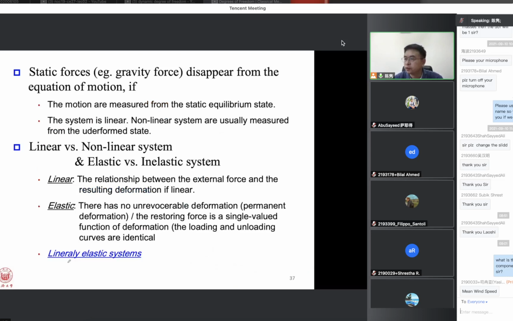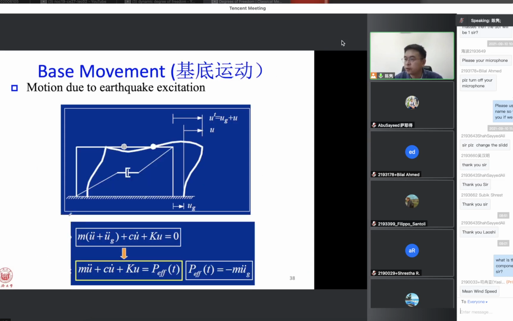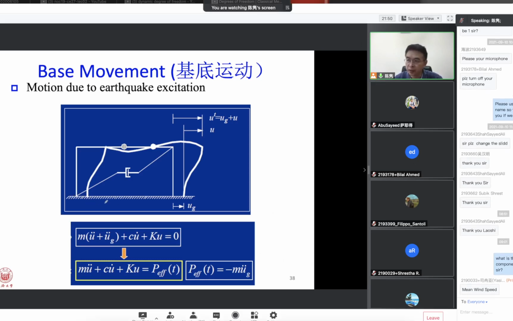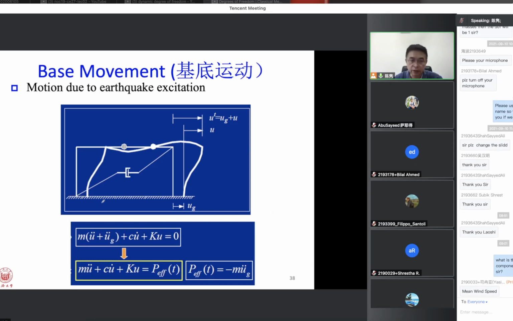So this is one thing. The other thing is the base movement situation. When you derive the equation of motion, sometimes you will deal with a case like this. There's no external force. There's the movement of the basement, like earthquakes.